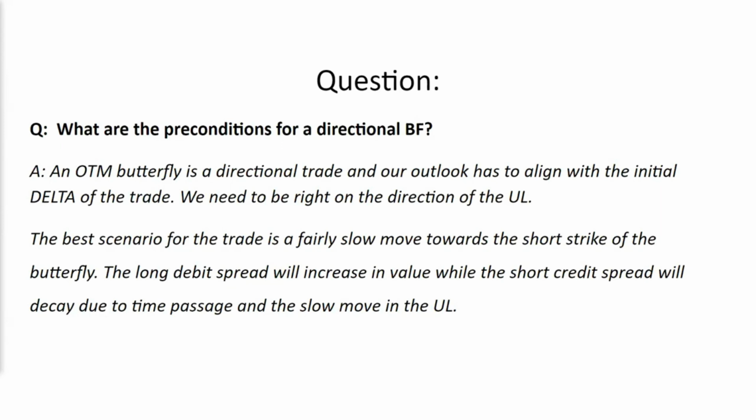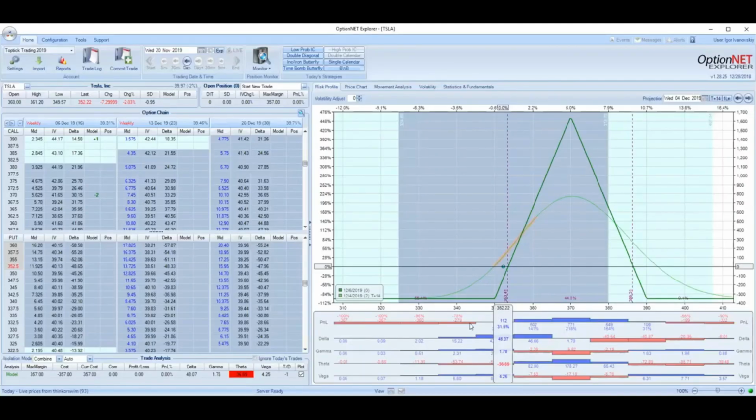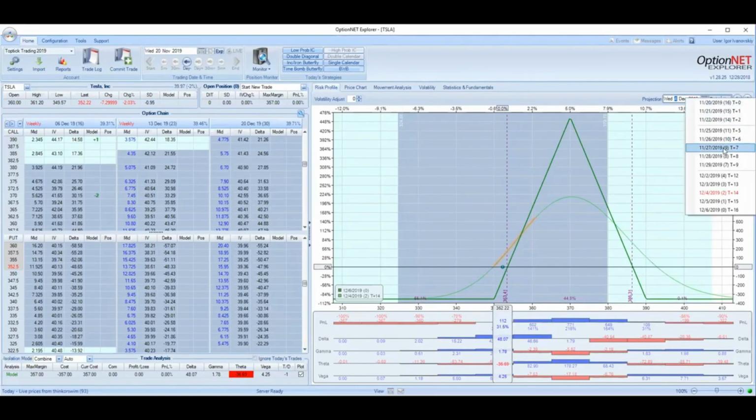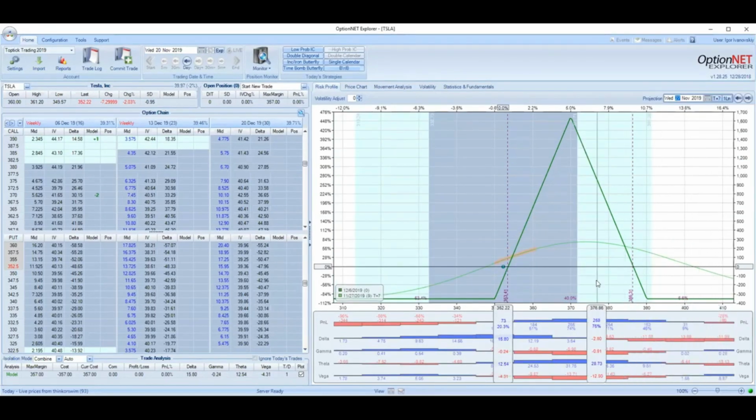And I'm going to switch back over to OptionNet Explorer here for a second. So we're looking at the example that we just used in Tesla, and this is assuming this is a bullish trade centered at 370 with 20 point wings.